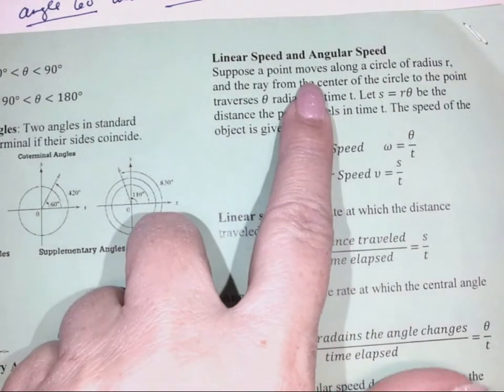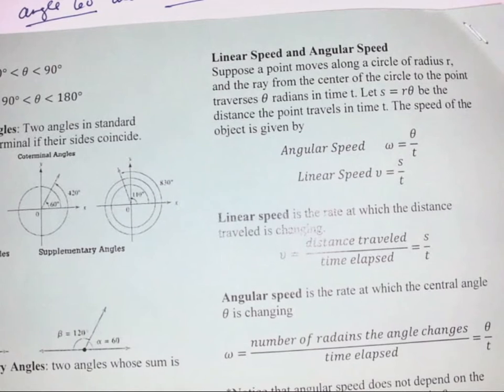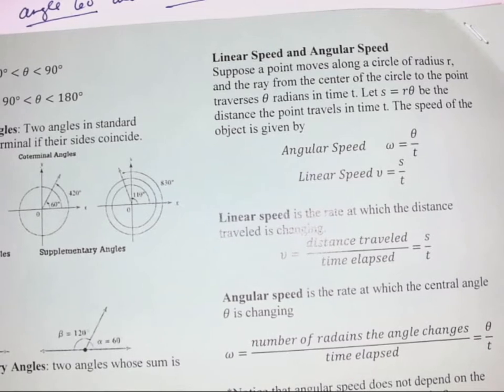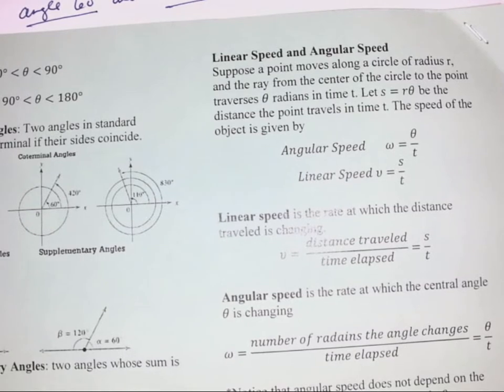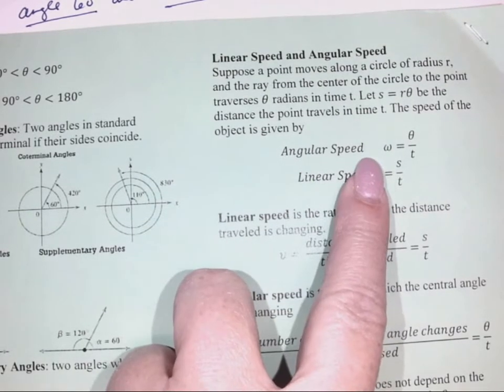All right, so suppose a point moves along a circle of radius r, and the ray from the center of the circle to the point traverses theta radians in time t. Let s equal r theta be the distance the point travels in time t. The speed of the object is given by angular speed.